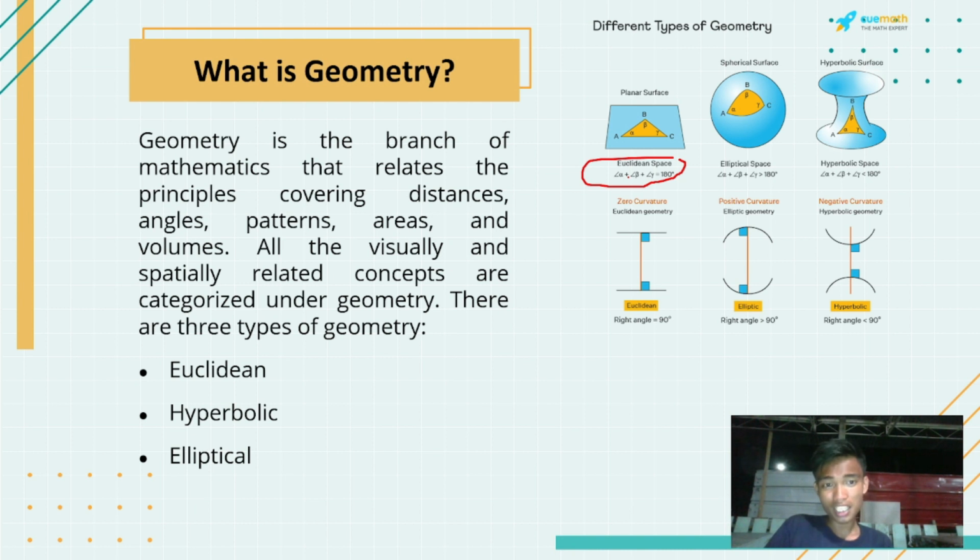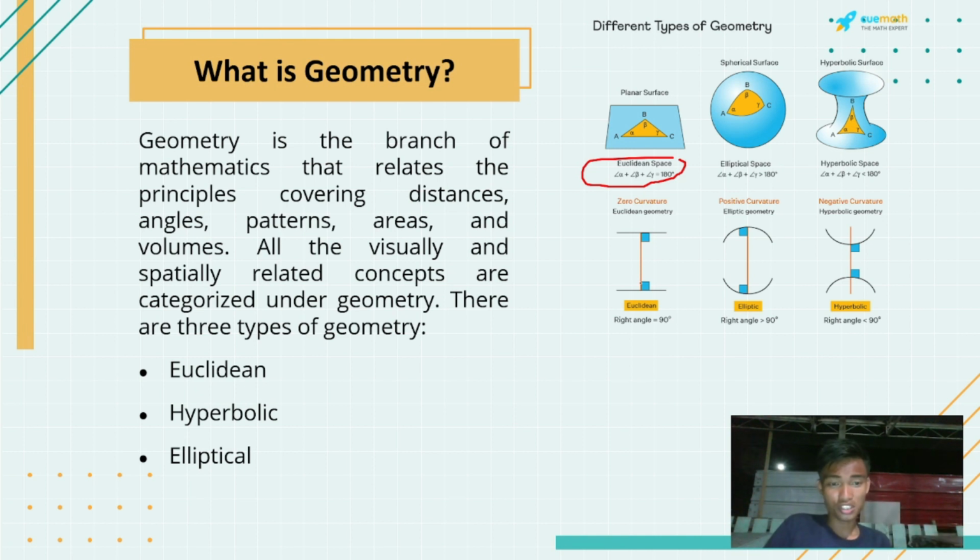In a spherical or elliptical space, another example of neutral geometry, the angle A plus angle B plus the third angle is greater than 180 degrees. And we also have the hyperbolic.